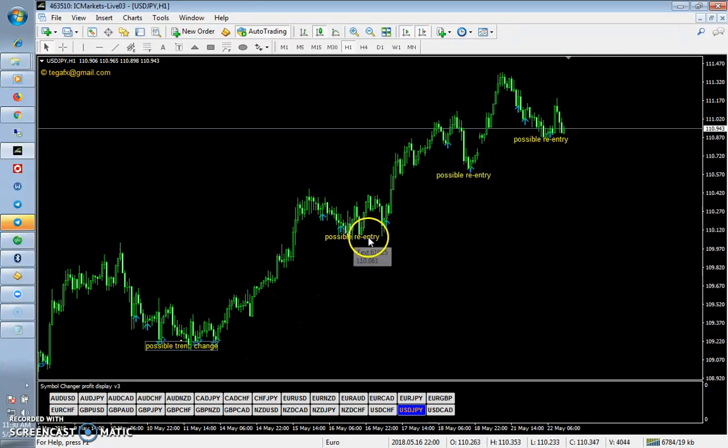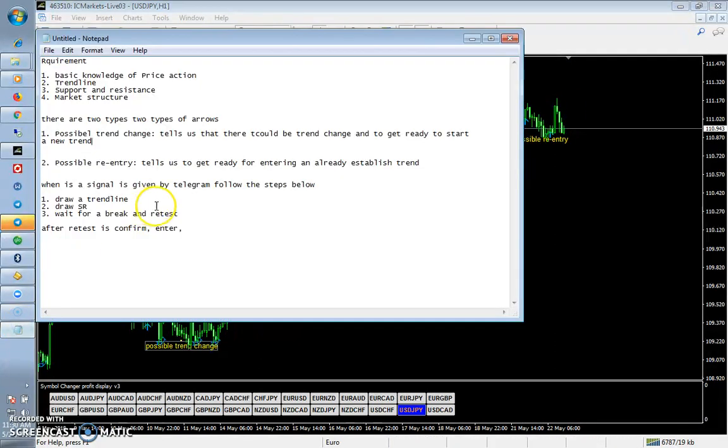When you see possible re-entry, these are arrows that are possible entries. Okay, how do you trade each of them? For the possible trend change, you get ready, draw your markup. For the possible re-entry, if you have not entered before now, you can have another chance of entering that trend.